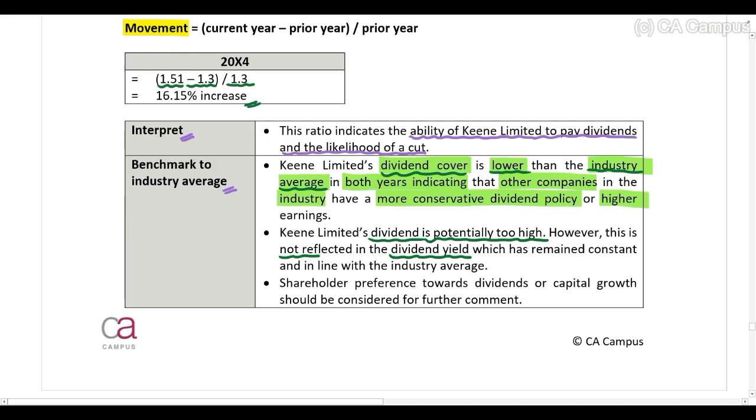So this is not reflected in the dividend yield, which remained constant and in line with the industry average. But please remember, when it comes to discussing this calculation in more detail, shareholder preference towards dividends or capital growth should be considered for further comment.